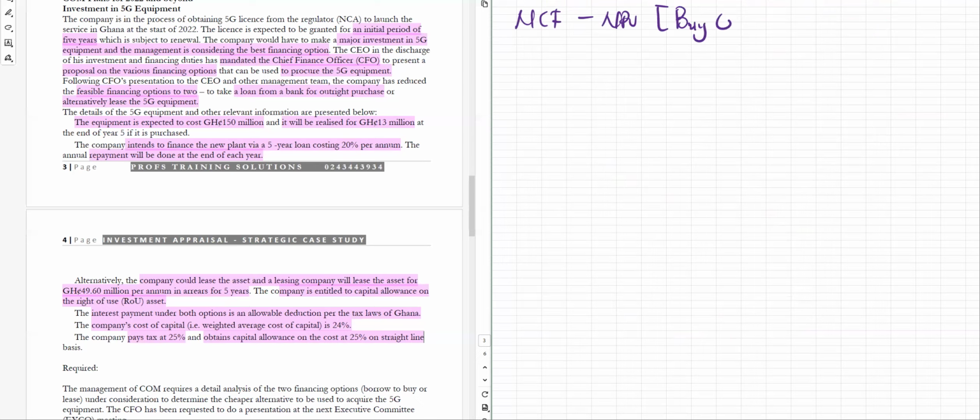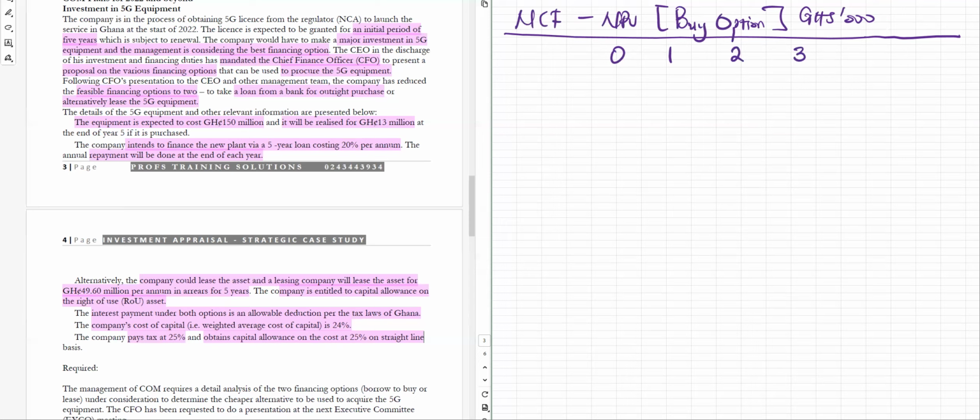But remember, all figures were in thousands of Ghana cedis. Since it's 5 years, we start with year 0, year 1, year 2, year 3, year 4, and year 5. I first start with my initial outlay, which is done in year 0.